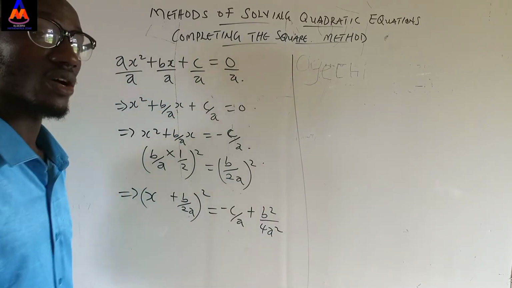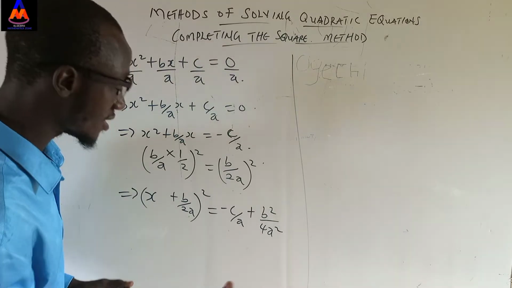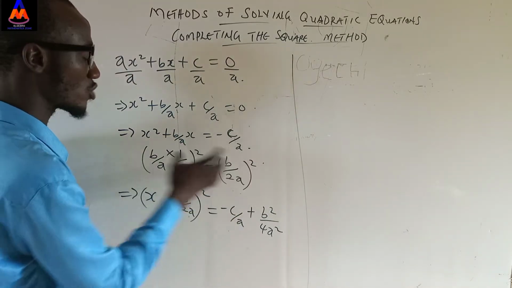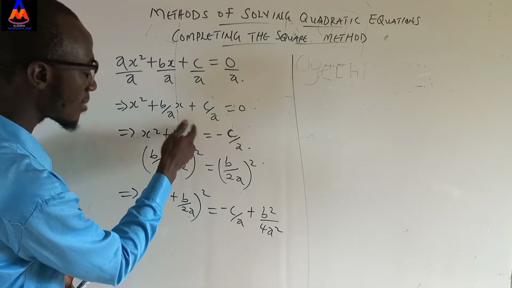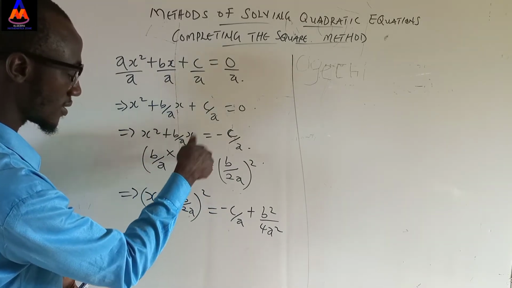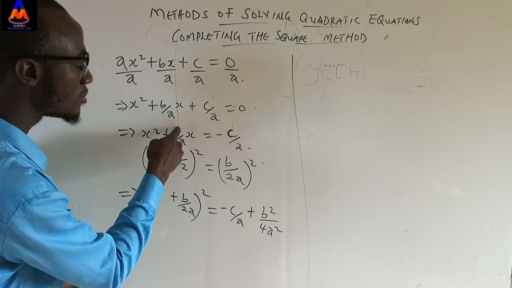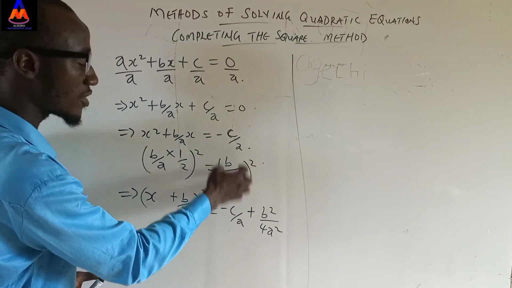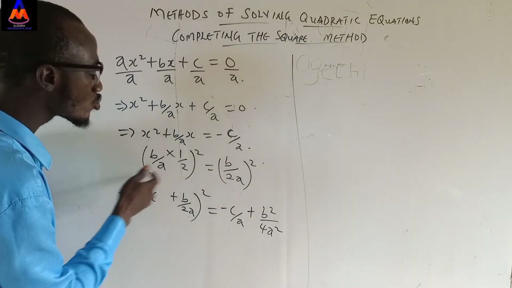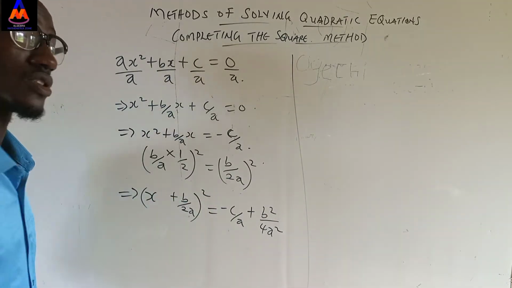Anytime you are adding the perfect square to both sides of the equation, you observe that this one has a square, and this one has a square. You are replacing all of this with b over 2a, the coefficient, as in the perfect square that you got in here, and you are putting the square outside of the two.